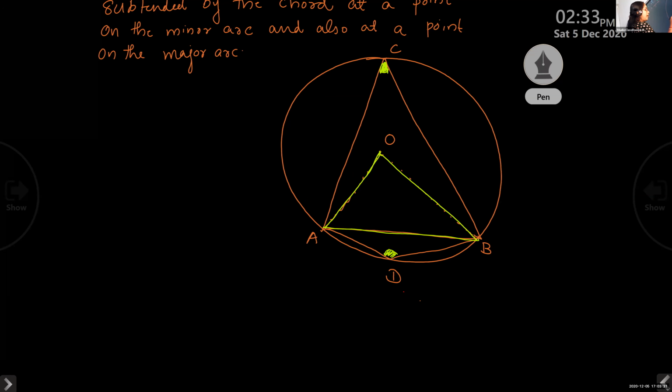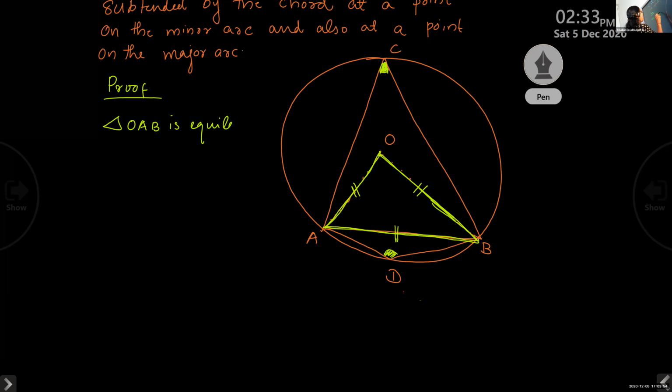Now what can you tell about this triangle? AB is a chord equal to the radius. OA is the radius, OB is the radius, and AB is equal to the radius. So this triangle OAB is an equilateral triangle.